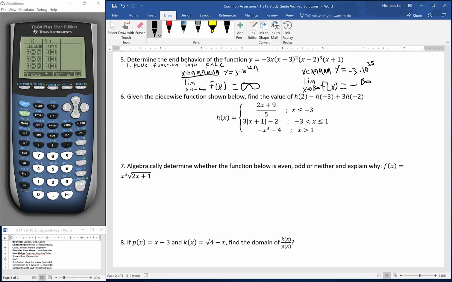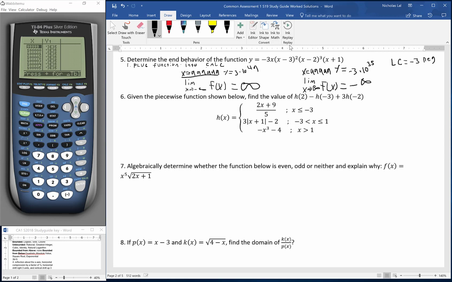You can also figure out that here our leading coefficient is negative 3. Main importance is that it is negative. And our highest degree here is odd, because if we multiply this out, our highest degree should be odd.